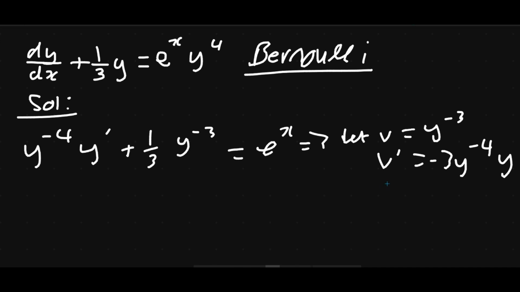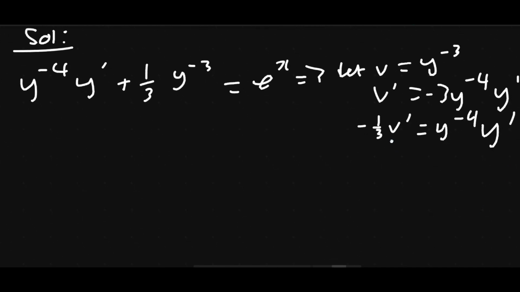Okay, so now we've got this, and we've got this. But now notice that here we have a y to the minus 4 y prime, and we've got that here. That's really nice. But we've also got this negative 3. So we're going to get rid of this. We're going to say, well, negative 1/3 of v prime equals y to the minus 4 y prime, and now we can just substitute these in.